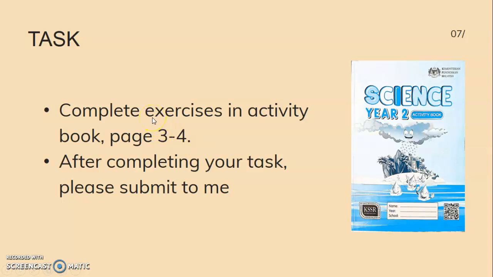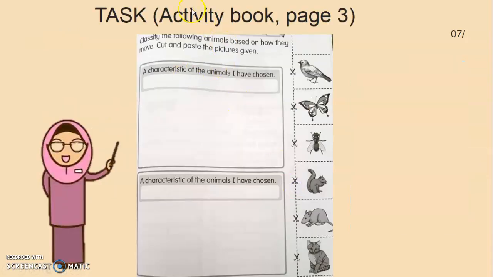Okay, class. Your task, please complete exercises in activity book, page 3 to 4. After completing your task, please submit to me. Before that, let's look at the task. Activity book, page 3.